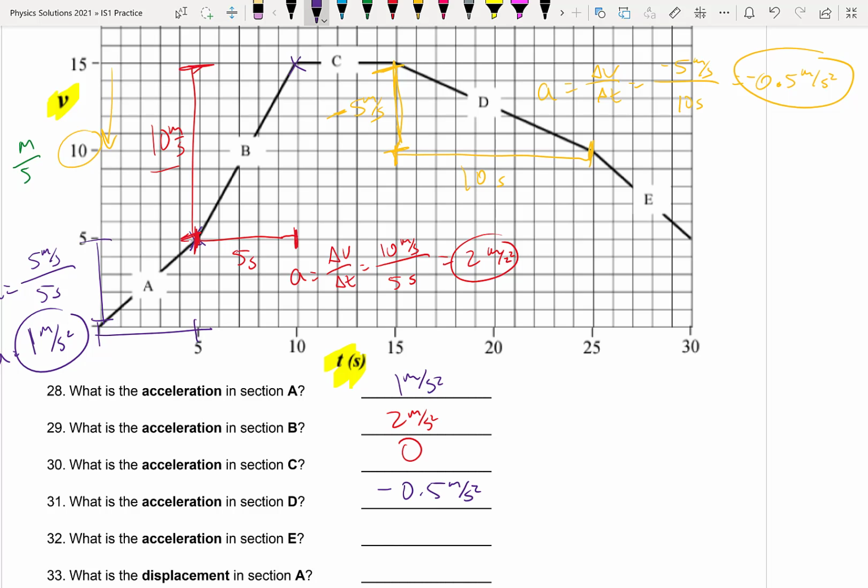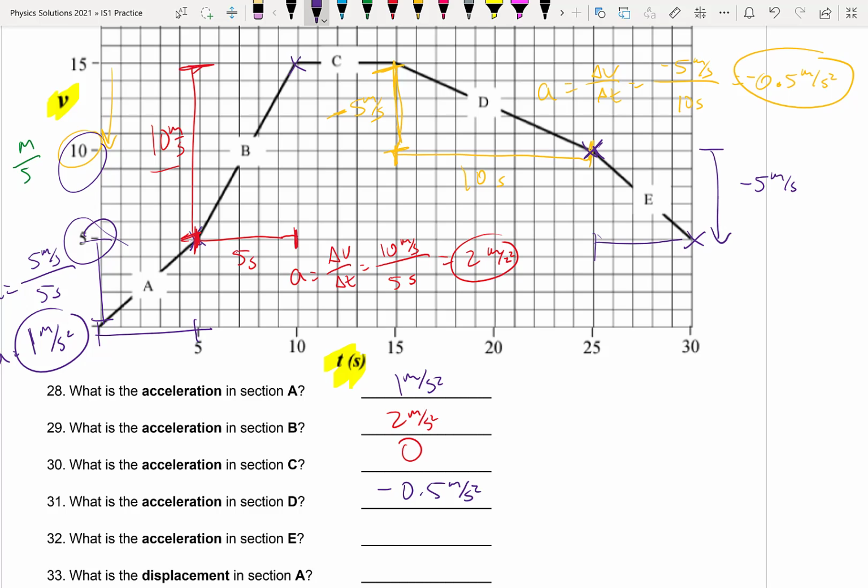And then lastly for E, I start at 10 meters per second, and then I end at 5. So that's a change in velocity of -5 meters per second, right, because it went down, or final 5 minus initial 10.